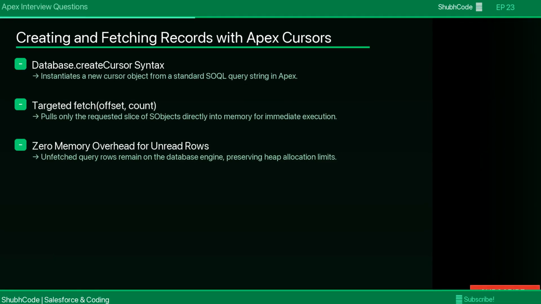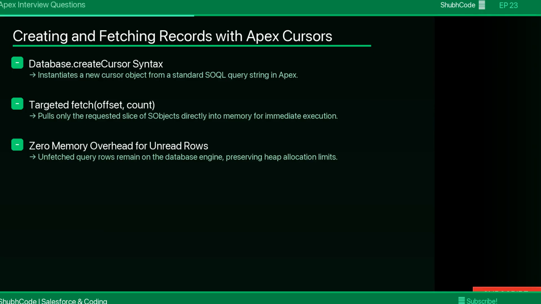Let's examine how you instantiate and read data from an Apex cursor in code. You create a cursor instance by passing a SOQL query string into Database.createCursor(soqlQuery). Once instantiated, you retrieve specific chunks using cursor.fetch(offset, count), where offset specifies the starting row index and count determines the batch size.